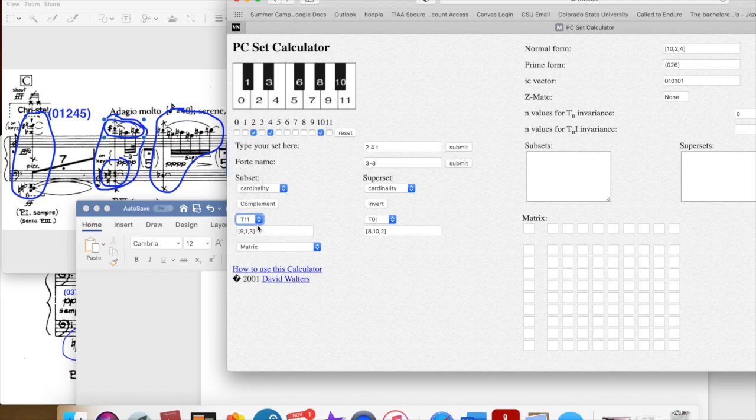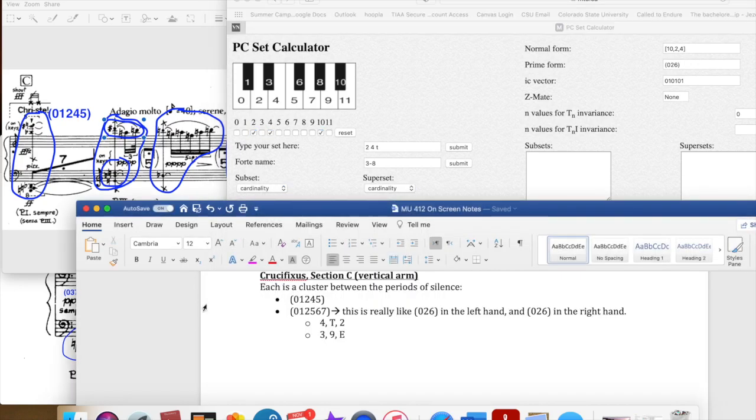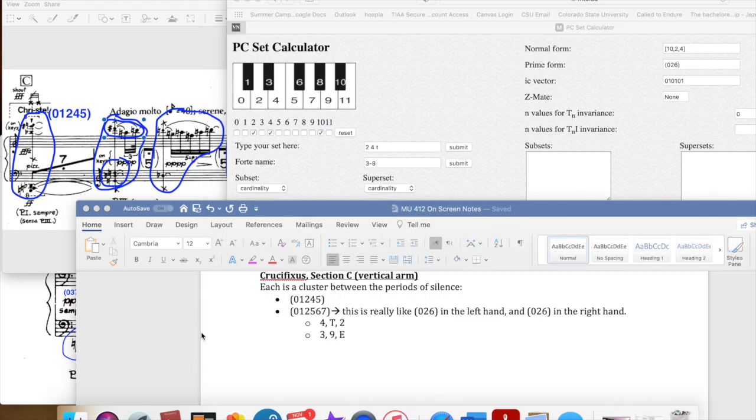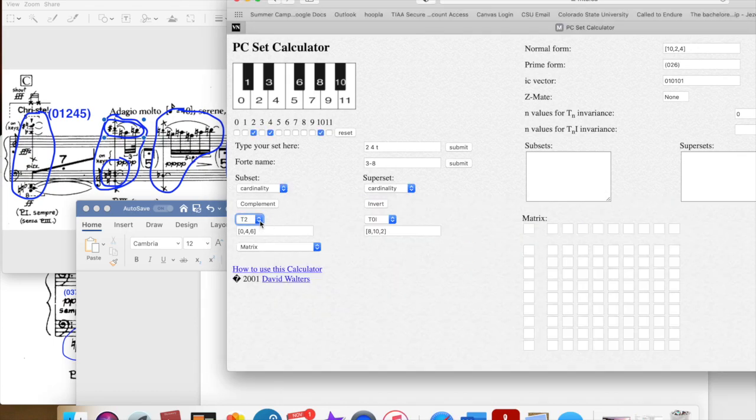Oops, one more. We didn't come up with anything, did we? Let's double check it. 3, 9, and 11 is what we're looking for there. 4, 5, 3, 7, 9. 5, 9, 11.